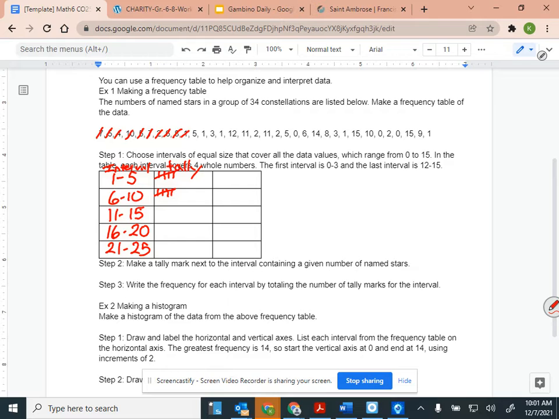So whenever you get to a 5, we're making groups of 5 with tally marks.